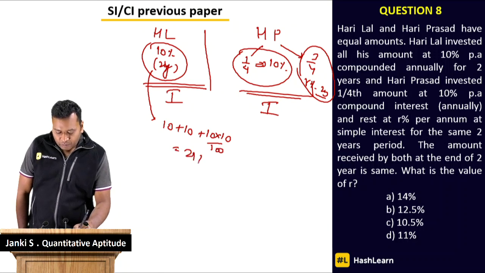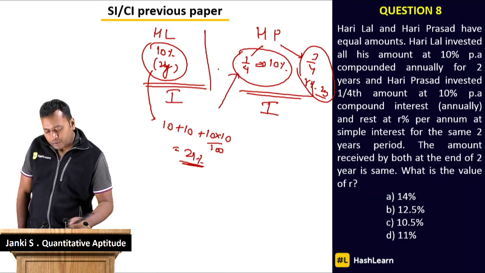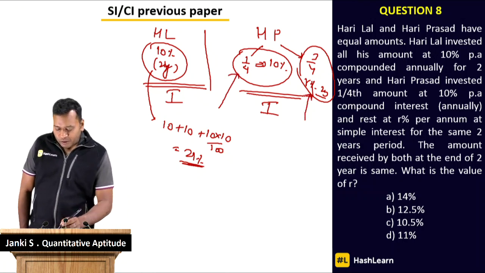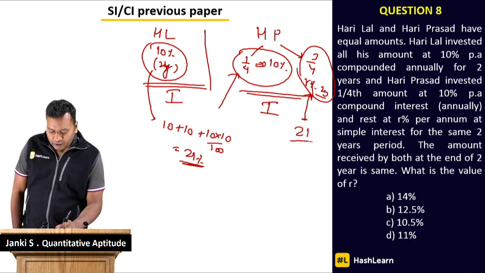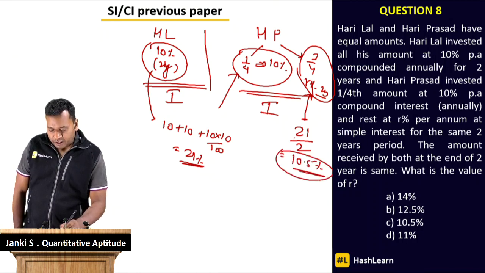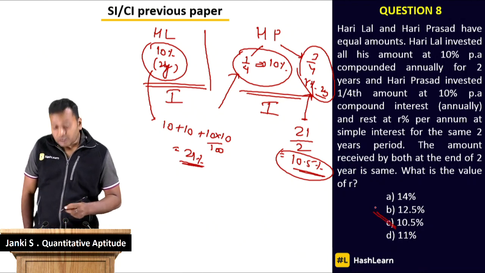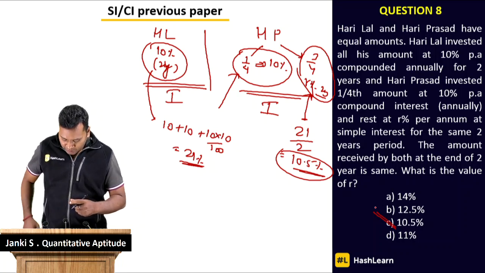That means 21% will be the interest here. So this has to be 21% as well as this has to be 21%. So 21% is here for 2 years in the simple interest part. So 21 by 2 is nothing but 10.5%. So my simple interest rate is 10.5%, right? That will be my value possible in this case.